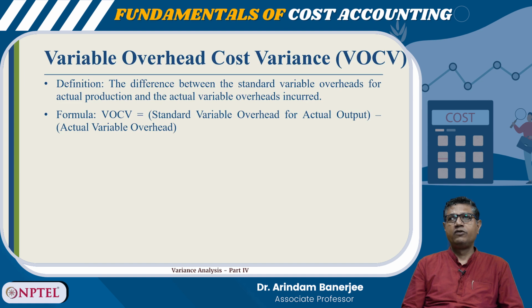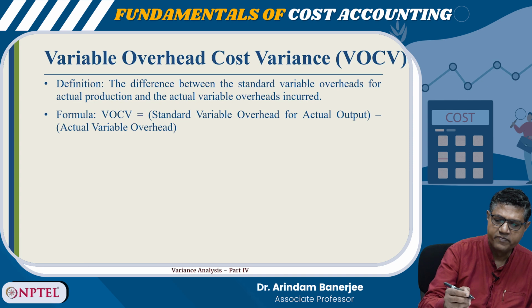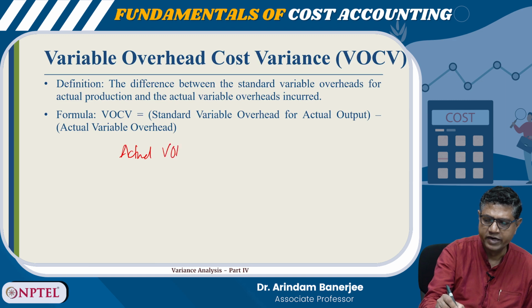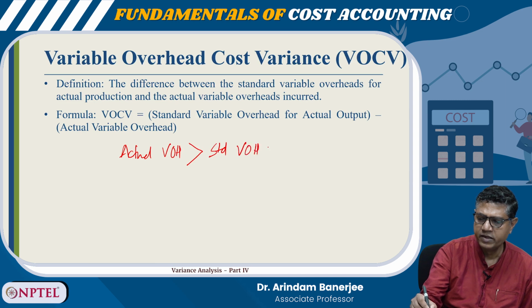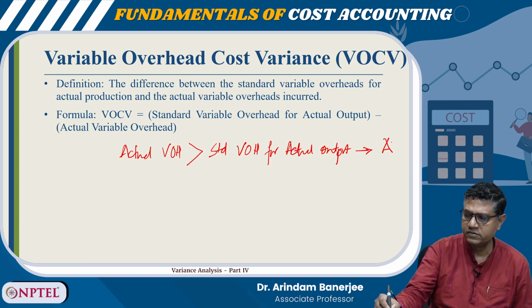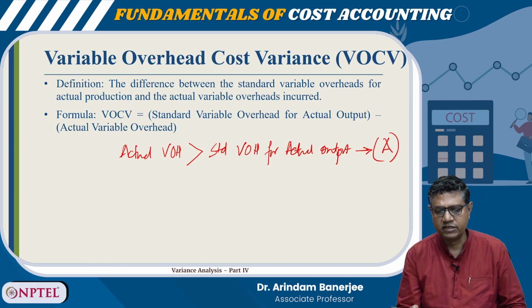We can also call it the total variable overhead cost variance, right? So if the actual variable overhead is more than the standard variable overhead for actual output, we will say it is adverse.